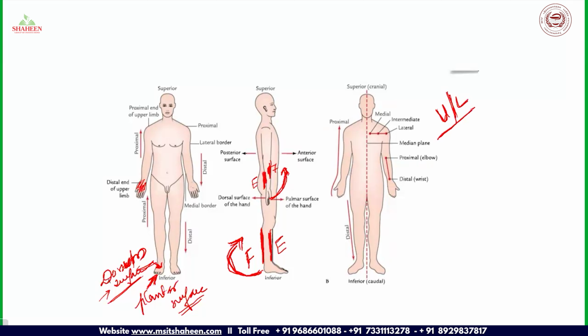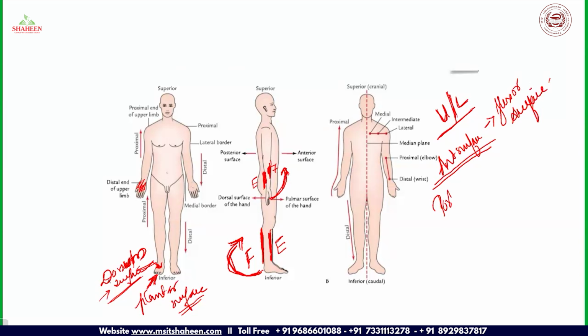Upper limb in an anatomical position: the anterior surface is the flexor compartment, or the flexor surface. All the flexor muscles, or muscles which help in flexing the forearm, are seen at the flexor surface. That is the anterior surface of your forearm.